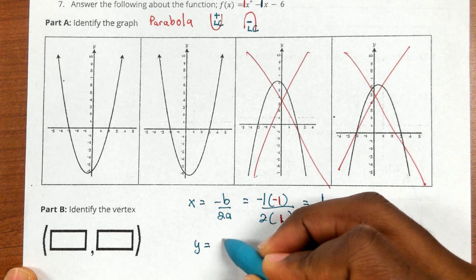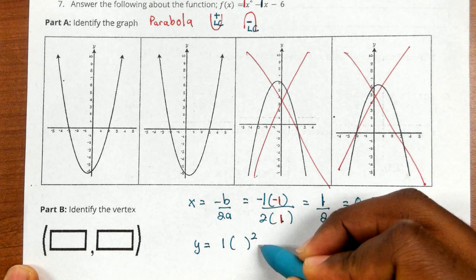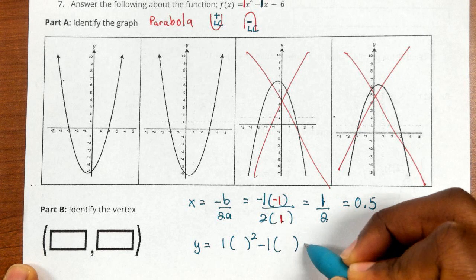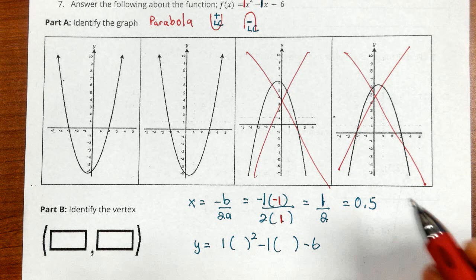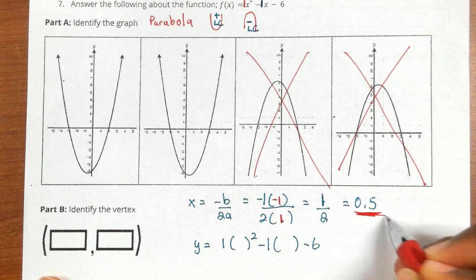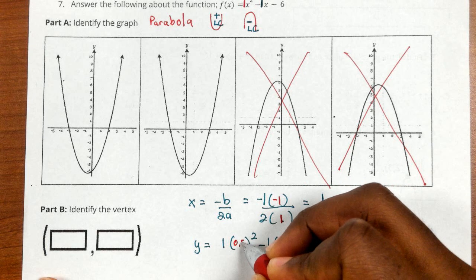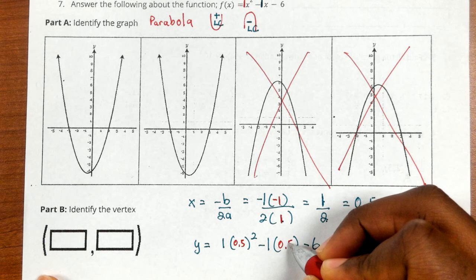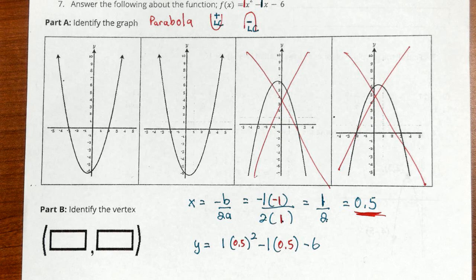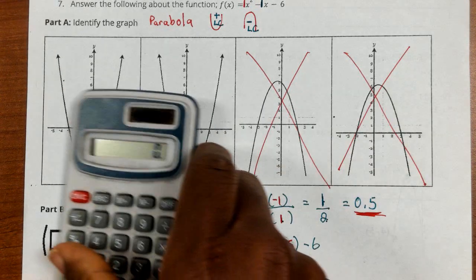So I would write 1 in parentheses squared minus 1 in parentheses minus 6. And inside of that parentheses, what am I going to plug in? Yup, 0.5. So I'm going to go ahead and calculate this. You can put all of that in your calculator. I'm going to use my tiny calculator right here.